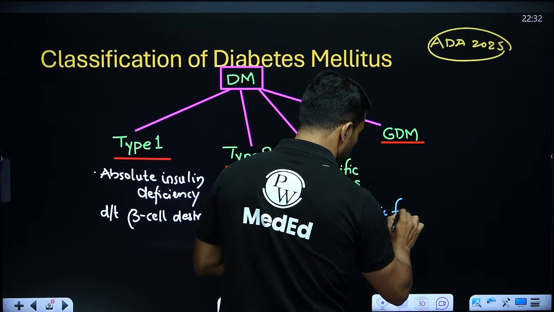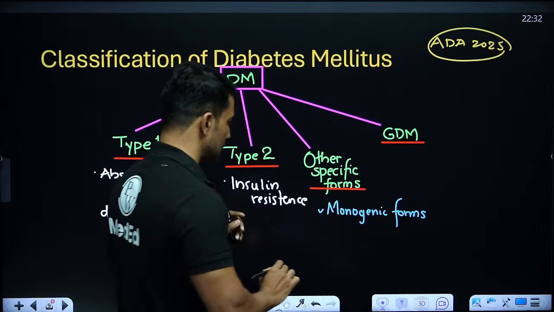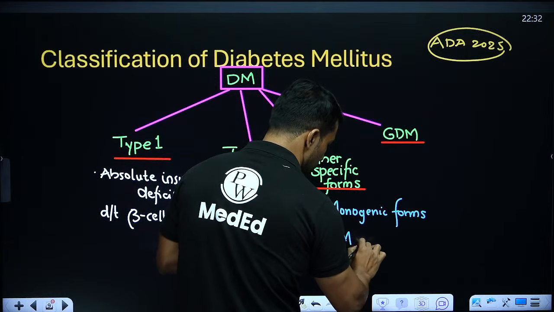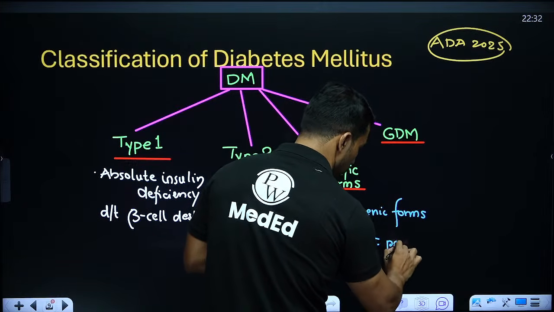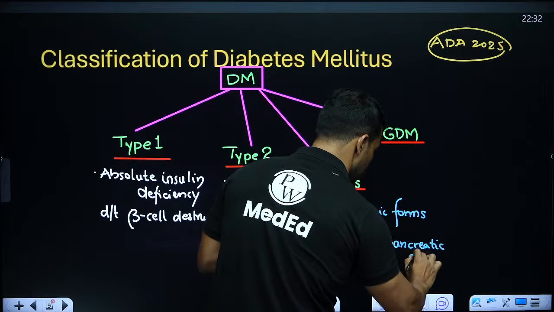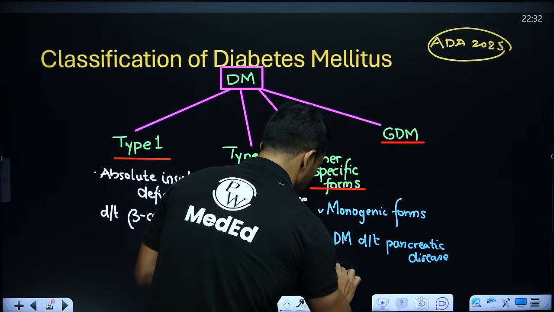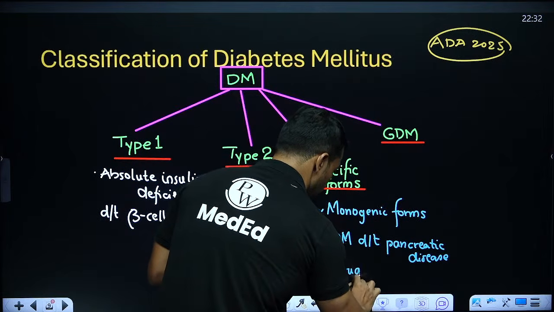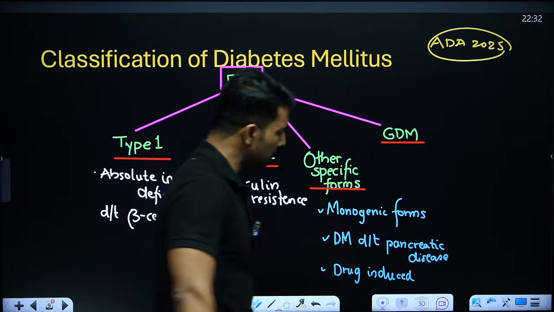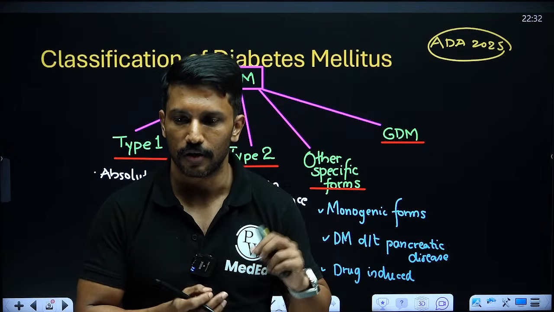Second, diabetes due to pancreatic disease. Then drug induced. The list goes on and on. I'm just reiterating the important ones. So can anybody name which drugs can cause diabetes? Drug induced diabetes or drug induced hyperglycemia?